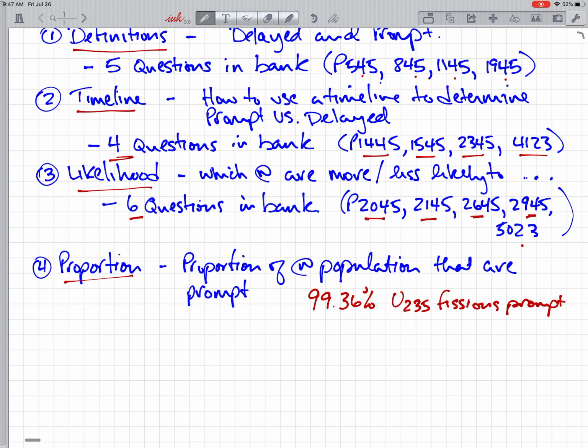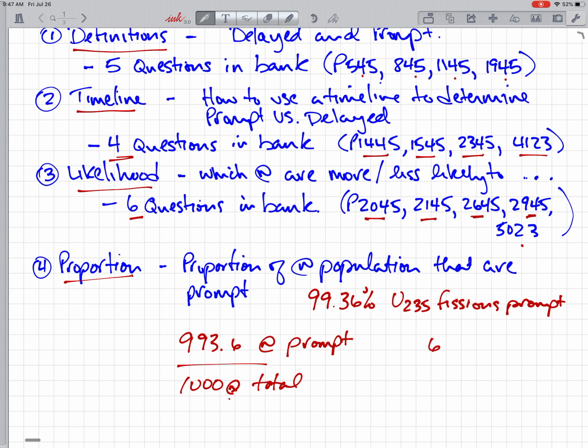So of all the neutrons born, 993.6 neutrons are prompt in a population of 1,000 total neutrons.